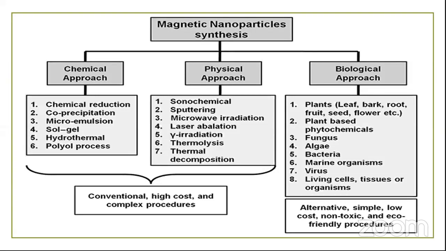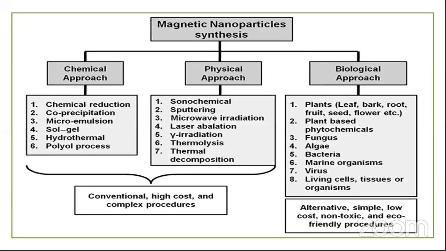The last approach is the biological approach. We synthesize nanomaterials by using biological methods, meaning we use plant extracts. Examples of plant extracts are leaf extract, bark extract, root extract, fruit extract, seed extract, and flower extract. We use these as a precursor for the synthesis of nanomaterials.